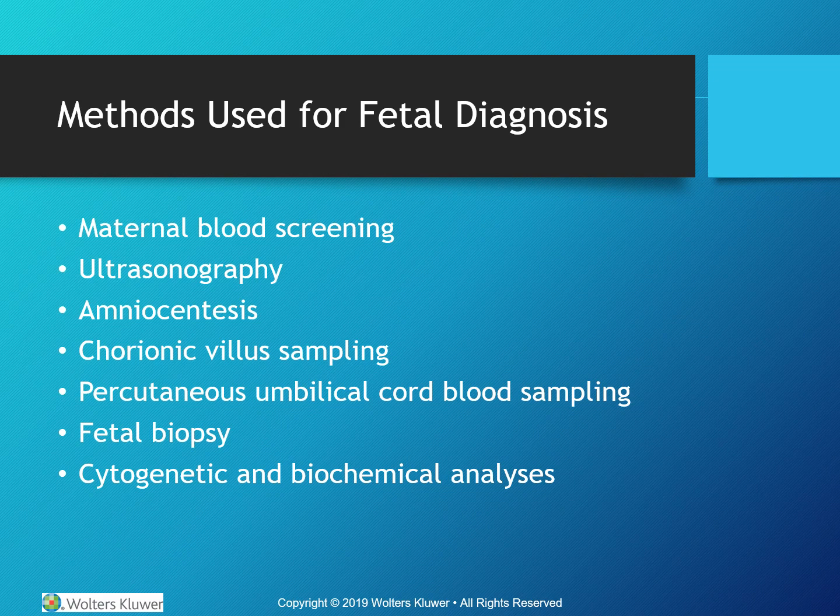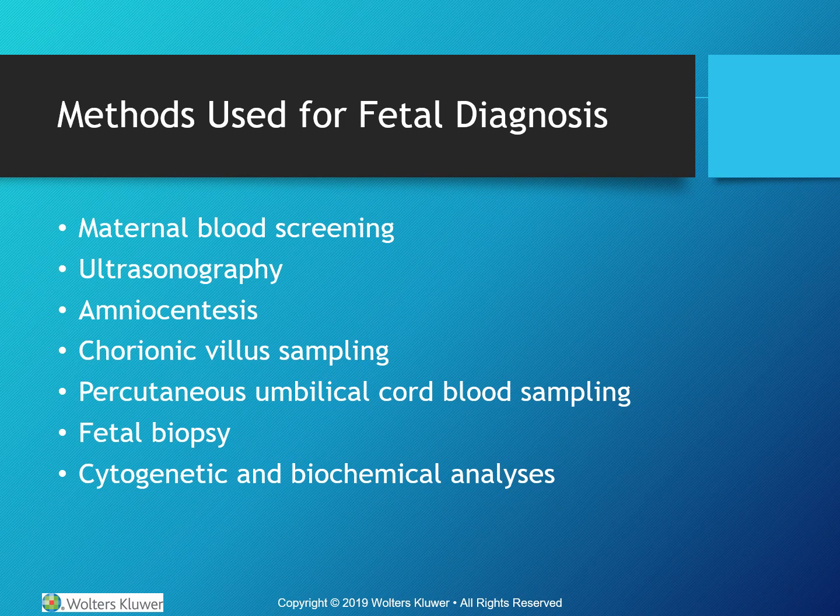These are invasive procedures. They are not performed unless there is no other way to get the information regarding the assessment. Chorionic villus sampling obtains tissue that can be used for fetal chromosome studies, DNA analysis, and biochemical studies.